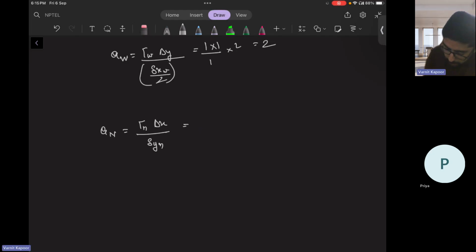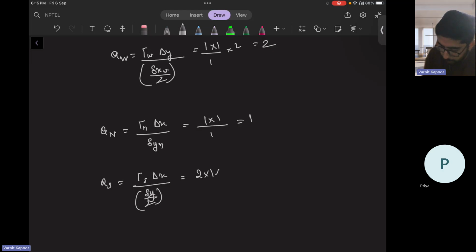It has a north node, so 1 into 1 over 1, that is 1. And A south will be gamma s del x. Again, there is no node for the south, so it will be just the boundary, 2 into 1 by 1, that is 2.